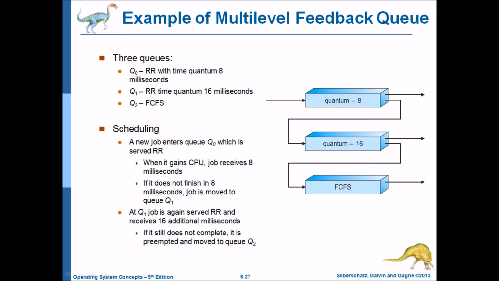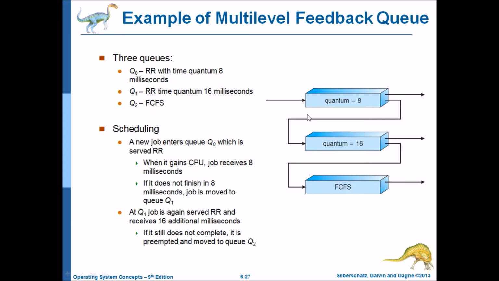That is for a single process. That's how the process moves from one queue to another. If it does not complete, it moves down to the next queue, and so on.